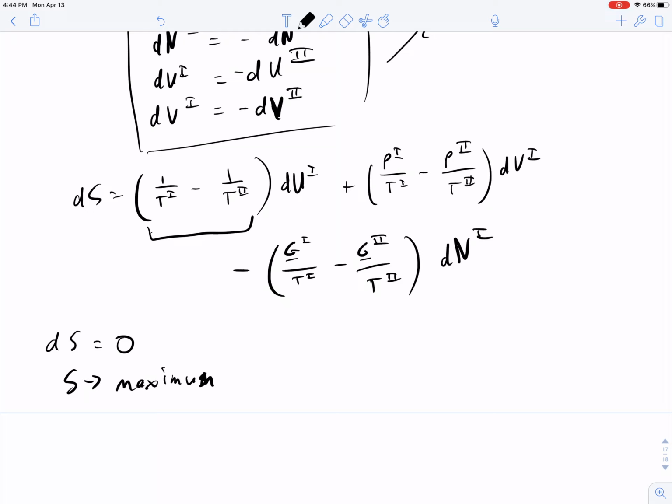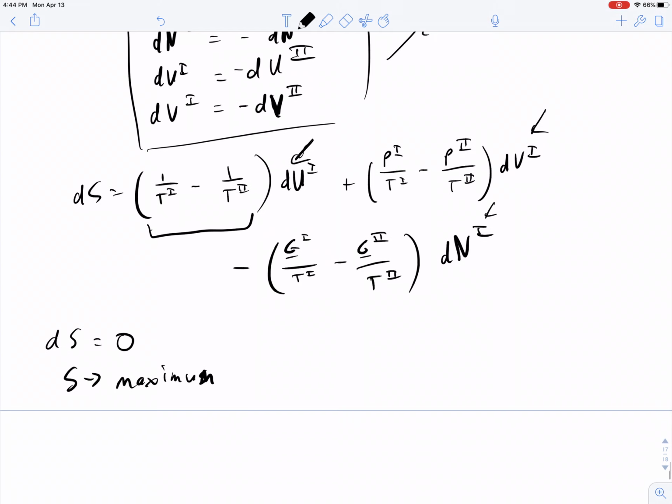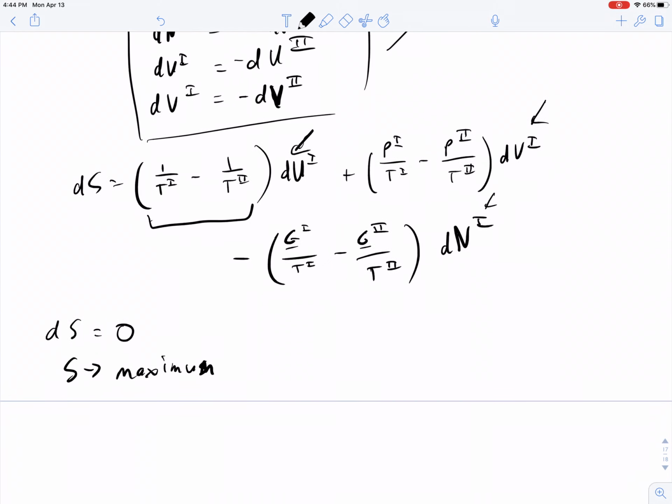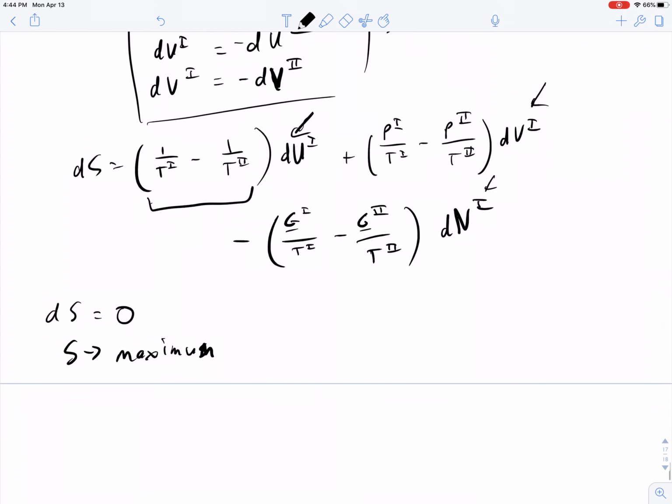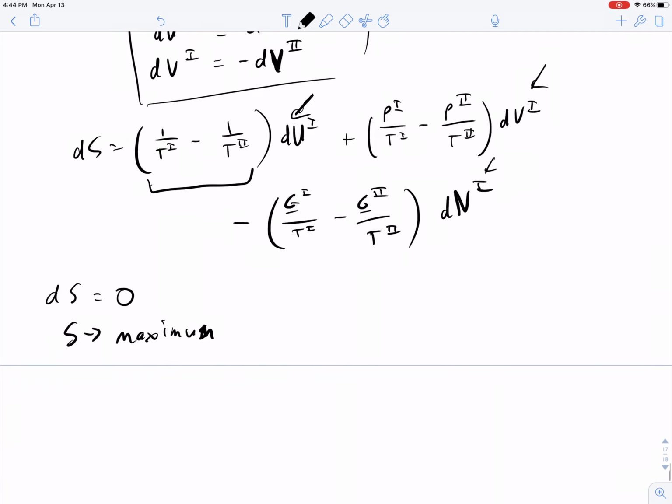At equilibrium, dS is equal to 0, and so the independent variables U and V and N also will be approaching some equilibrium level at that point.